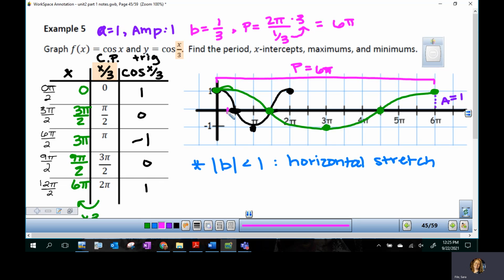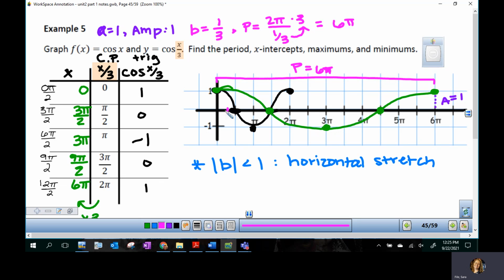Approximately about a third of the way to pi, because pi is 3.14. Y'all agree with that? So if I wanted to know the frequency of this green graph right here, it's just this little tiny piece right there. That's how much of the cycle is completed in 1 unit interval.